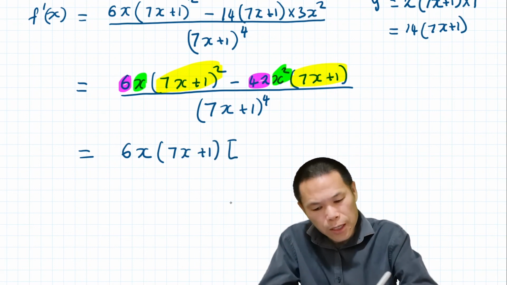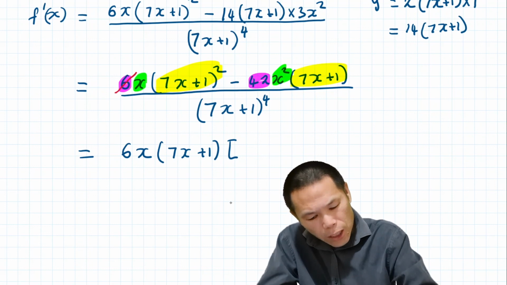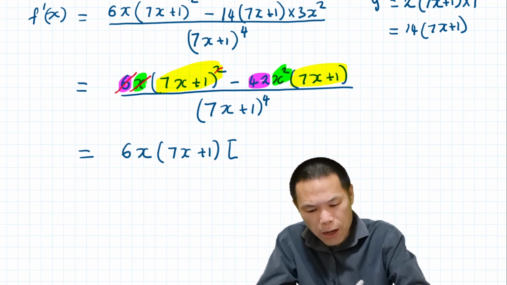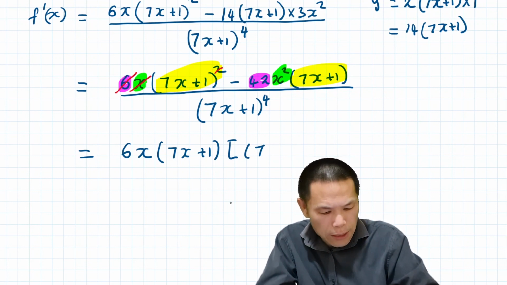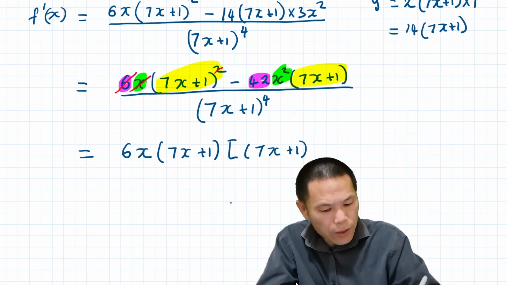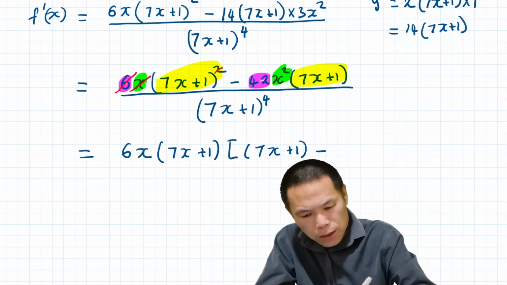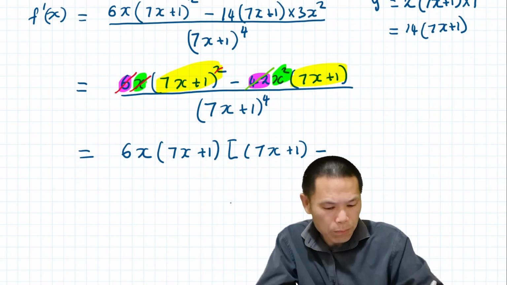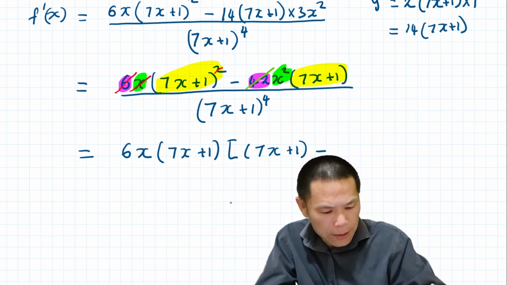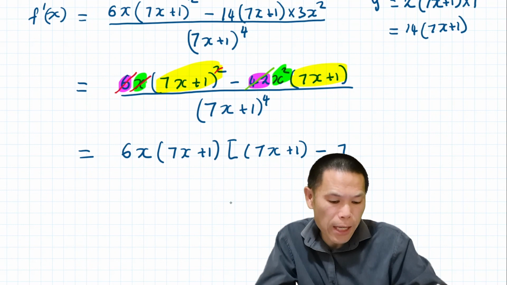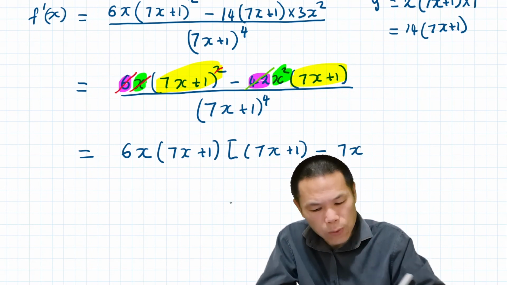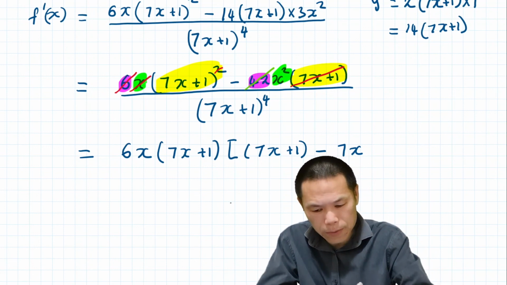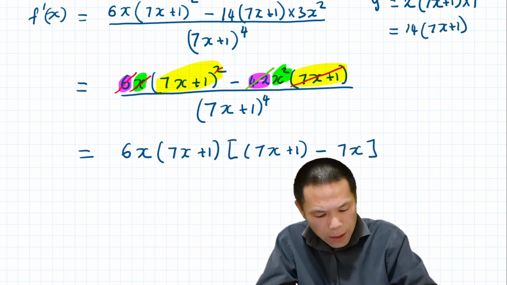So now, 6, I took it out, and x, I took it out from here. So power of 2, I took one of them out. So you are left with 7x plus 1. Minus, so 42, I take out the 6, so that leaves 7. Because 42 divided by 6 is 7. And x squared divided by x is x. And this one, because I took it out already, so that is left with 1. So that's it. So let me close this bracket.